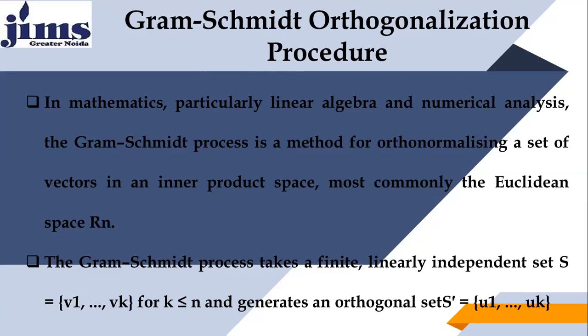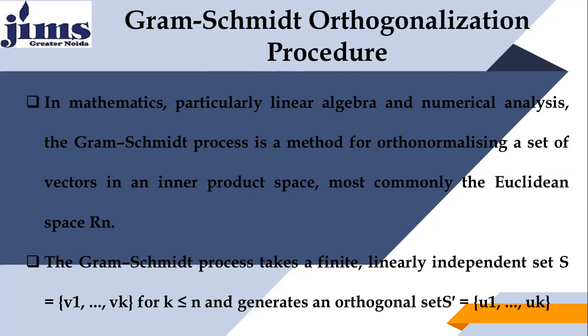You have to find this set, which we call an orthogonal set, from the given vectors. So what is given? You are given a linearly independent set of vectors, and you have to generate an orthogonal set, right?